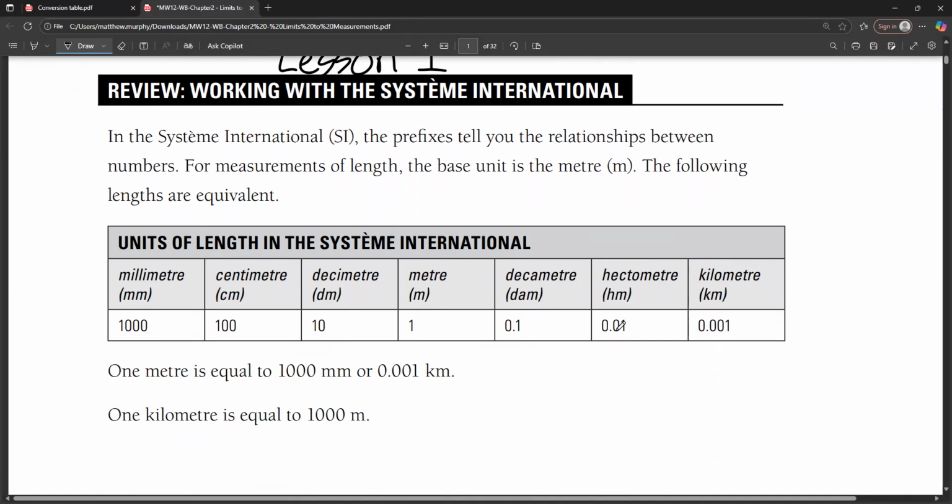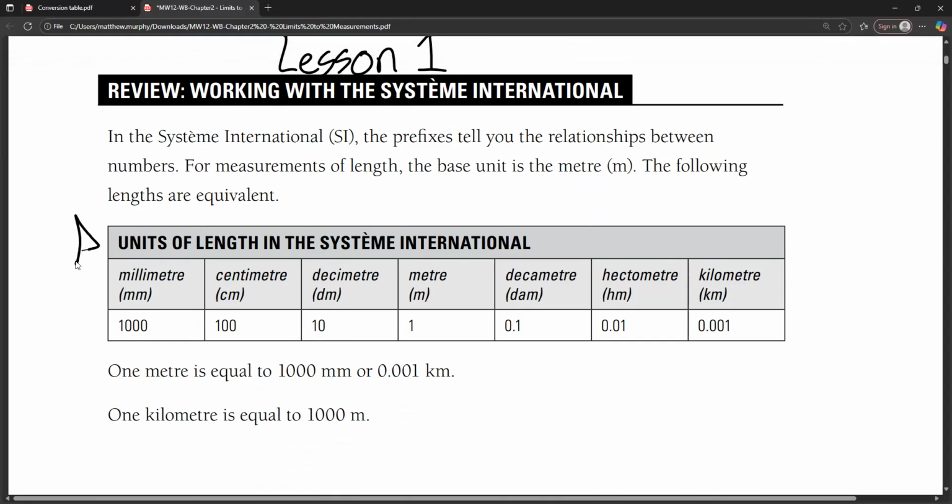Hectometer is 0.01 of a meter. And a kilometer is 0.001 of a meter. A decimeter, there's 10 of them in a meter. There's 100 centimeters in a meter and 1,000 mils in a meter. And this chart right here is going to be super important for you throughout this unit.